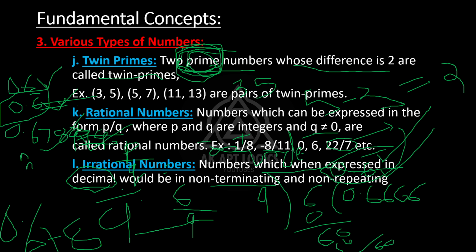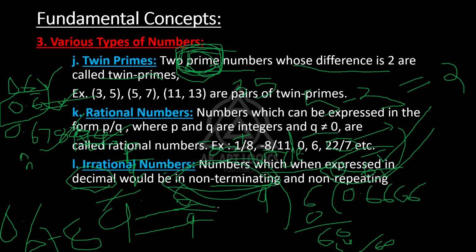But I haven't mentioned any bar. I am saying that after 9 it's going up to infinity, but it's not the 9. So it can be any value between 0 to 9. So it's neither terminating nor having any repeated digit at the end. So this particular number will be an irrational number. So remember this point. This is the meaning of this line: number which expressed in decimal would be non-terminating.